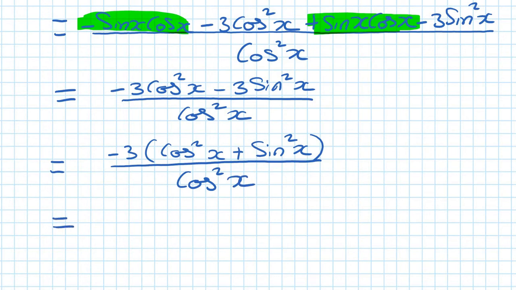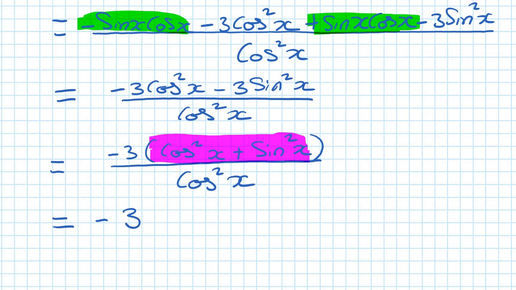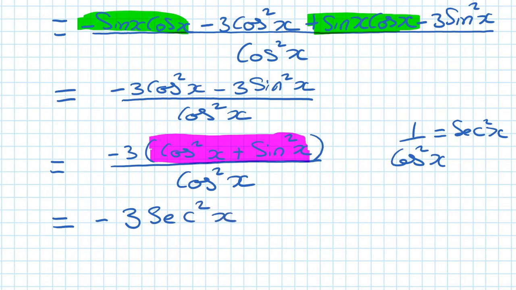Now remember the trig identity: cos square of x plus sine square of x is equal to 1. So that becomes minus 3 times 1, which is minus 3. But remember, 1 over cos square of x is sec square of x. So that means minus 3 sec square of x. That is your answer.